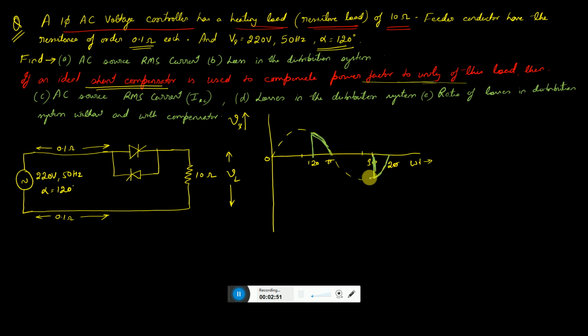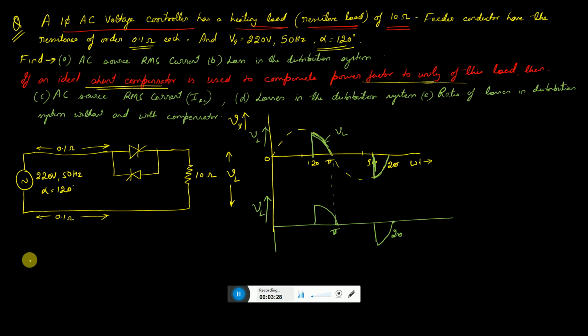If I draw the output voltage VL here, you will be getting the output voltage like this up to pi, and from here you will be getting it like this up to 2 pi. This is the pattern of output voltage you will get. It will look like this.